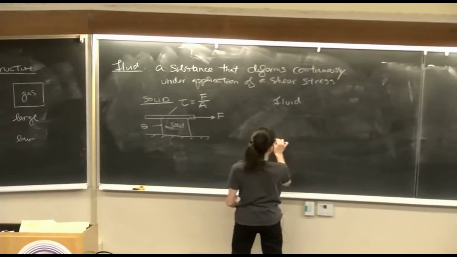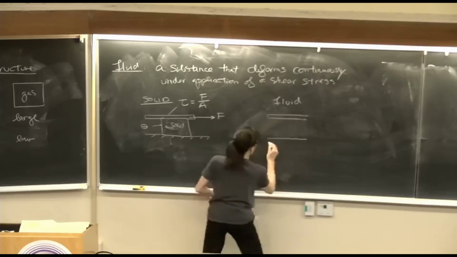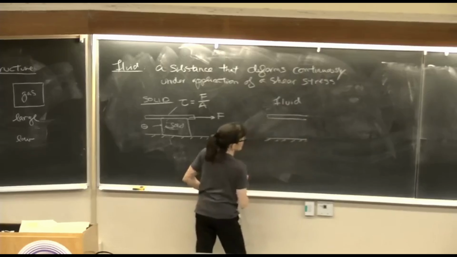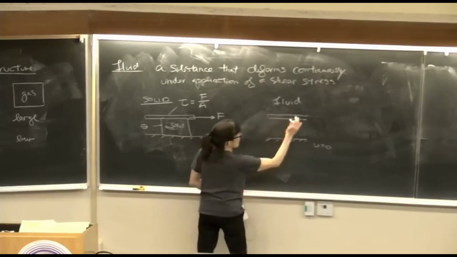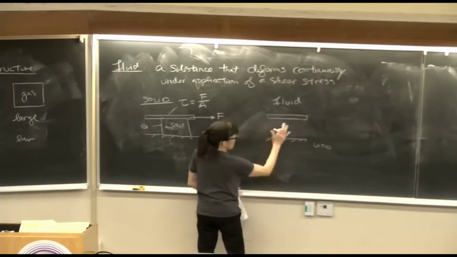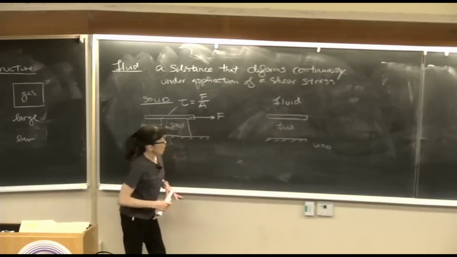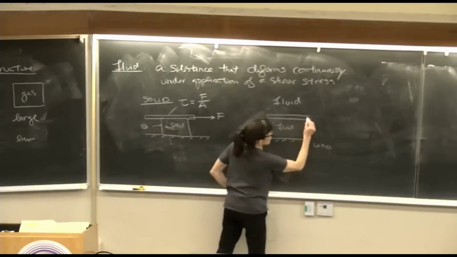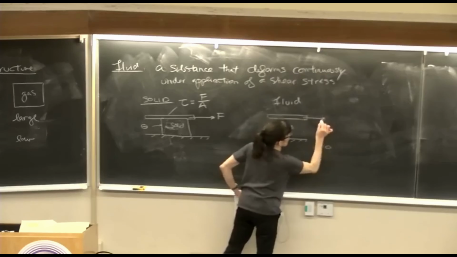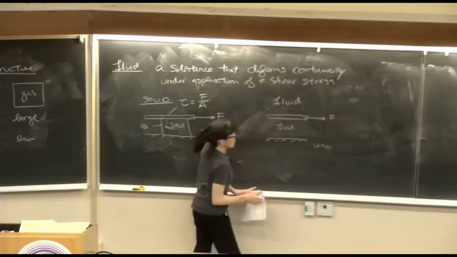So we have fluid between two surfaces. We have some fixed lower surface. The velocity is 0. And then this upper plate, and we have fluid in between. We're going to do the same thing, so we'll impose a force on the plate.